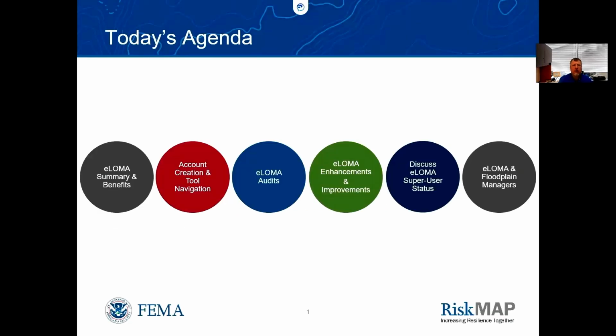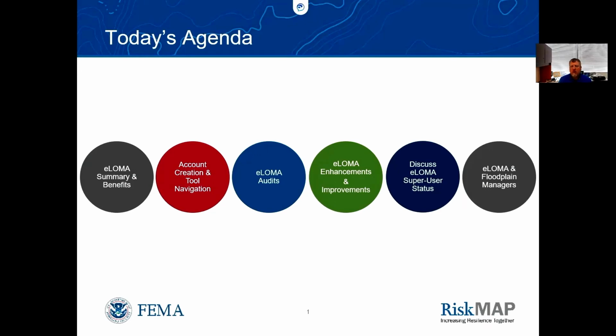Just the agenda for today's presentation, we're going to start out with a summary of what eLOMA is and what the benefits are. We'll take a look at how someone that's interested in using eLOMA can create an account, and then some tool navigation. We'll discuss the eLOMA audits, which are always a popular point of discussion.